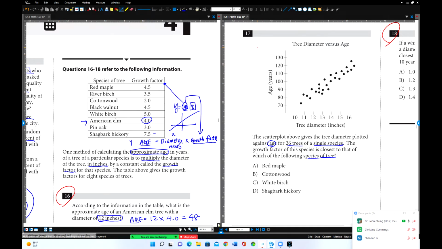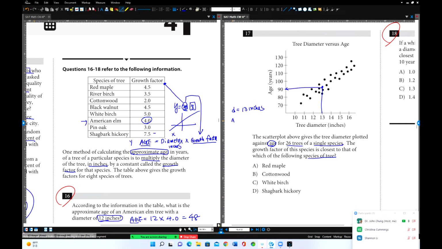I cannot write over here. Okay. You can choose one of the points to find the growth factor. We know that age equals diameter times growth factor. I'm going to choose a point in the middle. If the diameter is 13 inches, the age is 90 years.